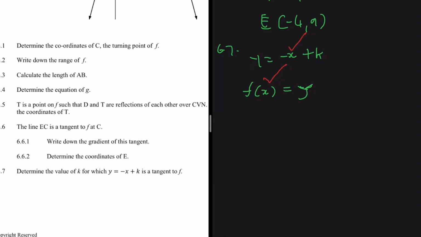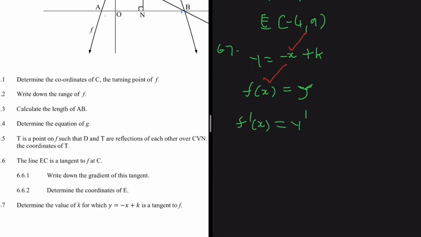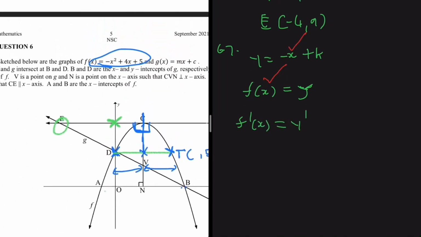So let's start with the x value where they touch. This is how we can potentially determine the x values where they touch. We can equate their gradients, right? So we can say that f prime of x is equal to y prime. So if we differentiate f of x, we get minus 2x plus 4 is equal to minus 1.